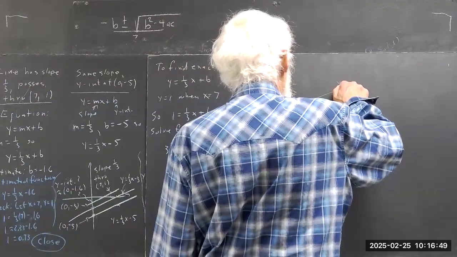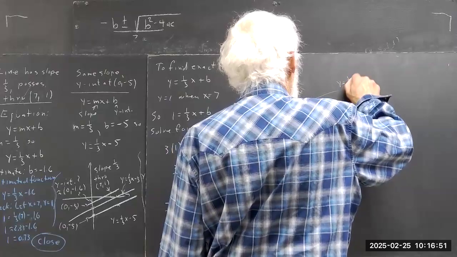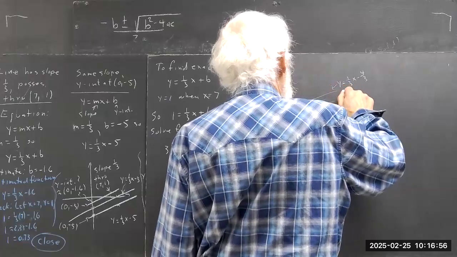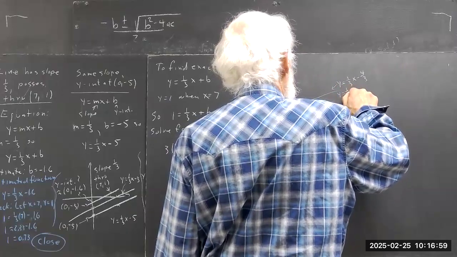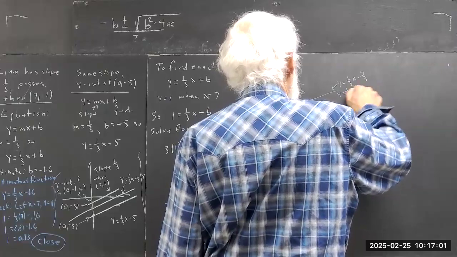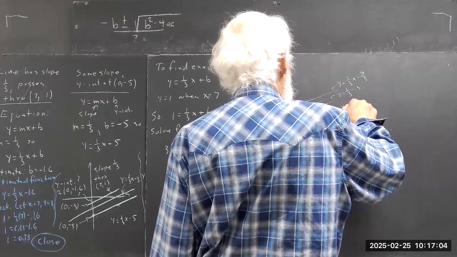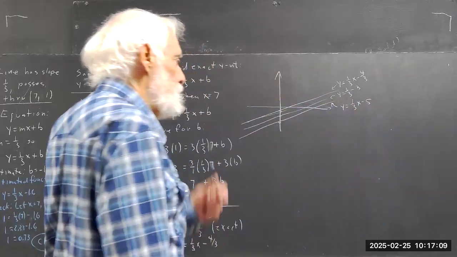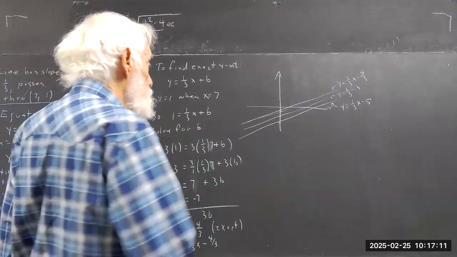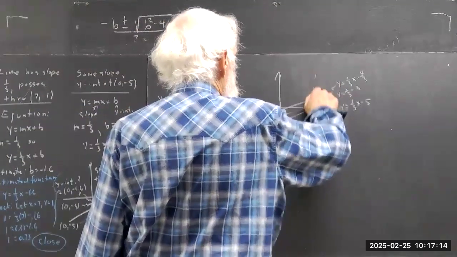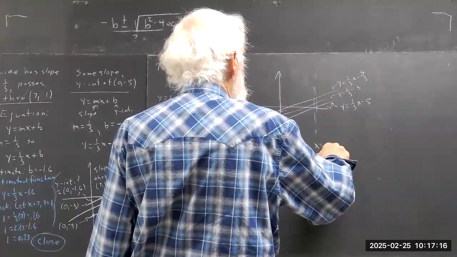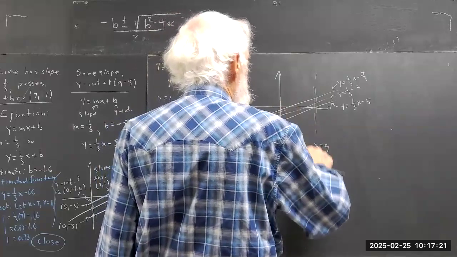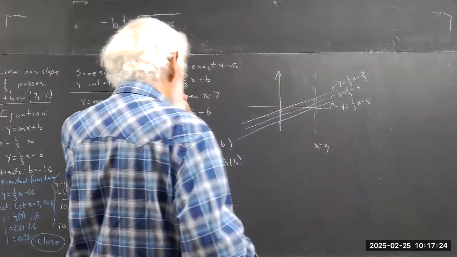And this is y equals 1/3 x minus 4/3. This one is y equals 1/3 x minus 3. And this is y equals 1/3 x minus 5. Okay. And this point is going to be where x equals 9. Okay. I've got this one a little bit too high, and it's not very good, but we'll go with this.